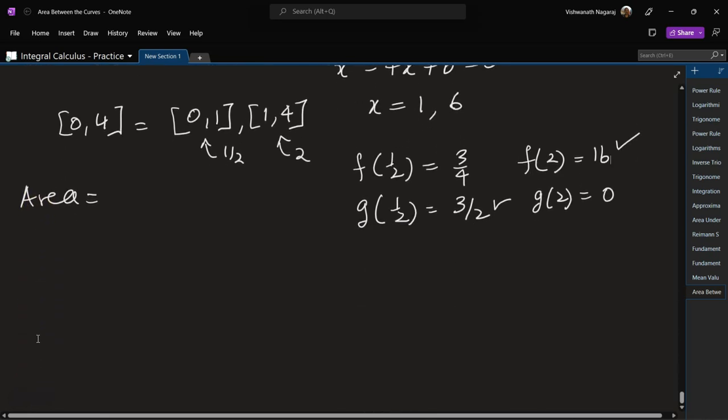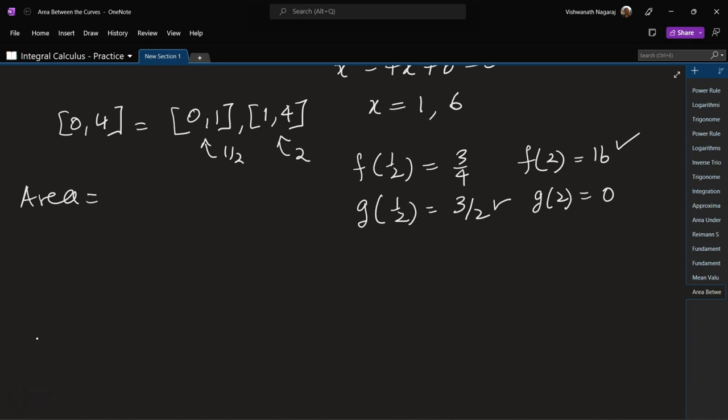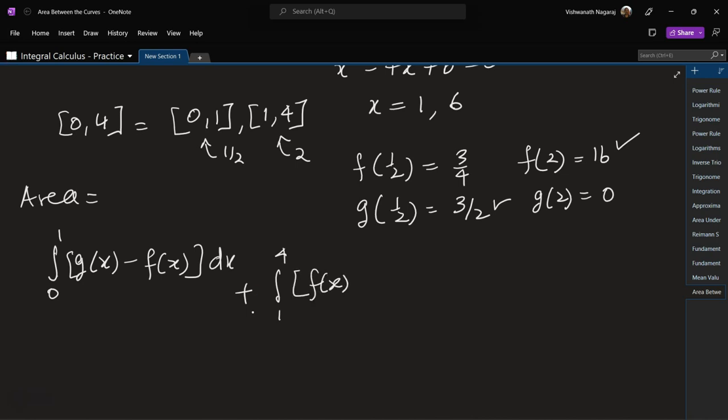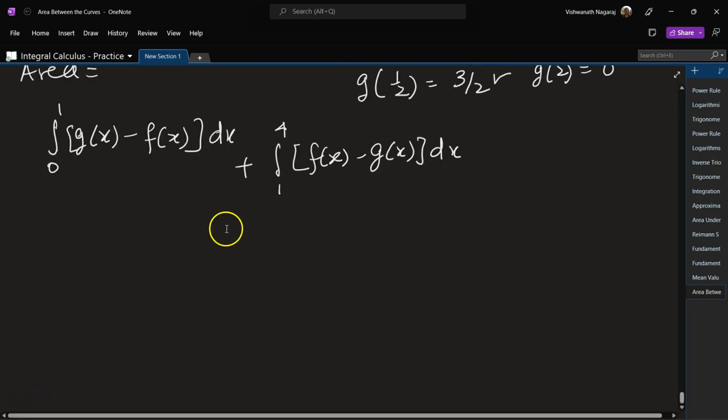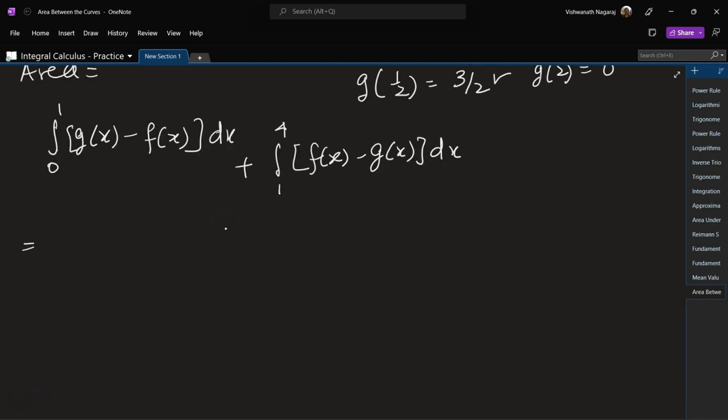So this area would be integral from 0 to 1 of G of x minus f of x dx plus integral from 1 to 4 of f of x minus g of x dx. So let's do the evaluation.